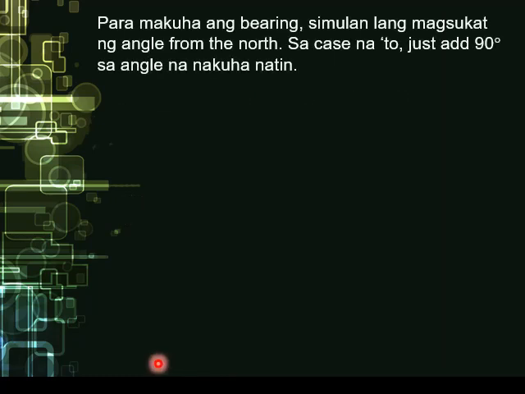Ibig sabihin itong angle na to, ito yung 5.6. So, para makuha naman ang bearing, remember, kailangan natin simulan magsukat ng angle from the north. So, sa case na to, i-add lang natin yung 90 degrees dun sa angle na nakuha natin. Okay, kaya, theta is equal to 90 degrees plus 5.6 degrees. So, this is the true bearing, 95.6 true north.